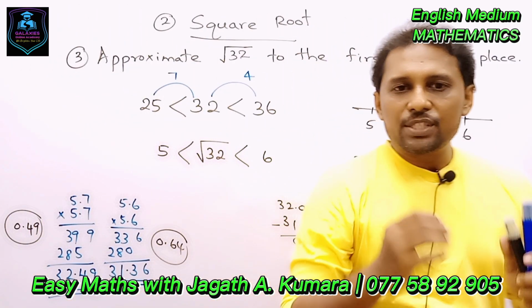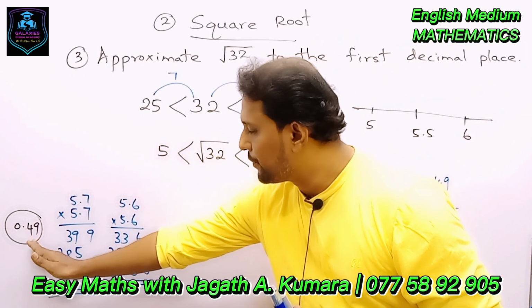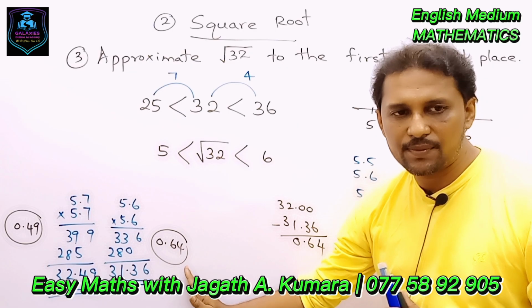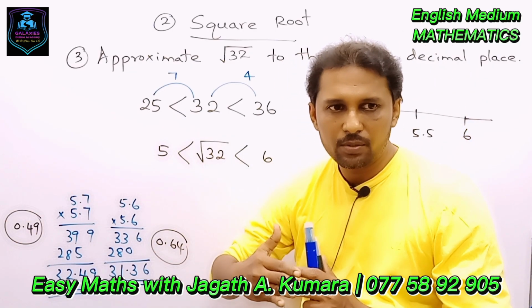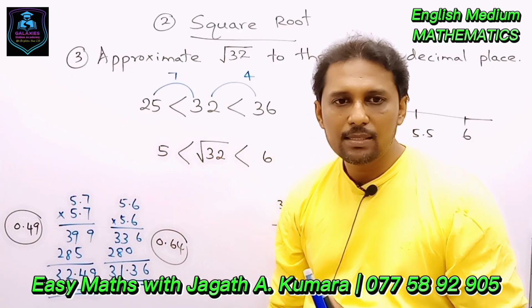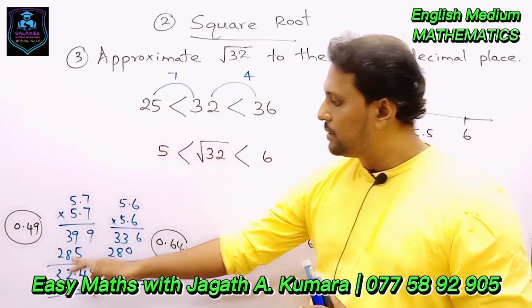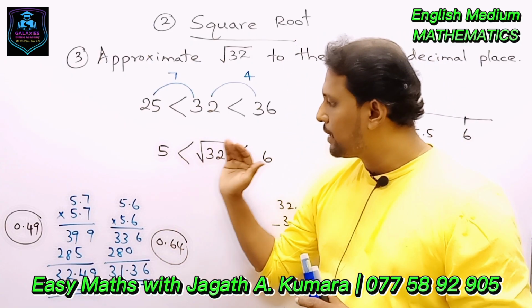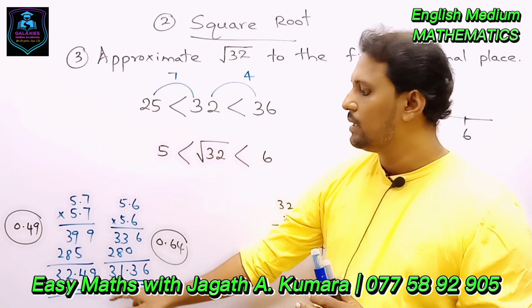Now you check which gap is very close to 32. 0.49 or 0.64. 0.49 is closer, no? Closer than 0.64. So 32.49 is very close to 32 than this value.